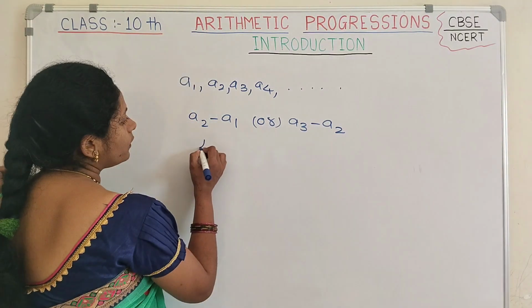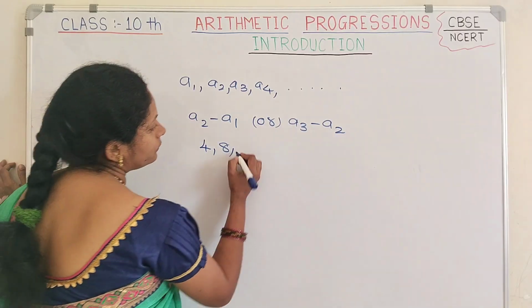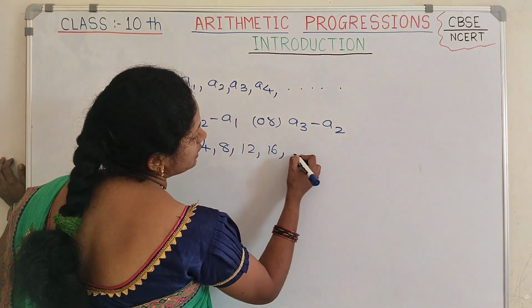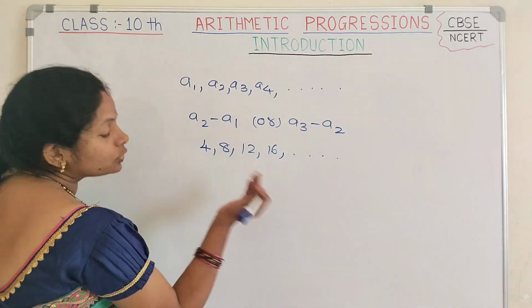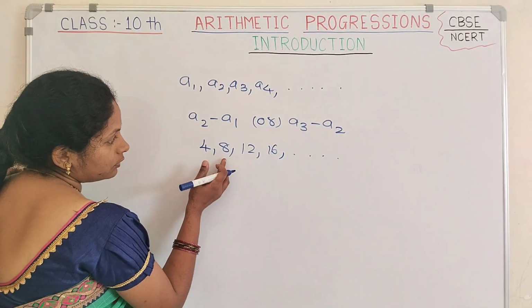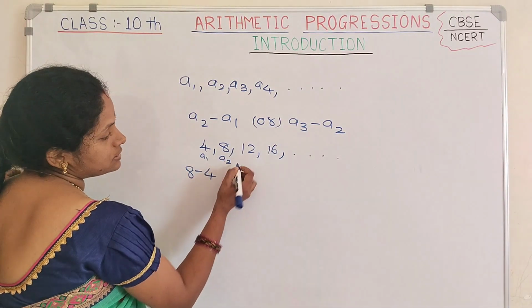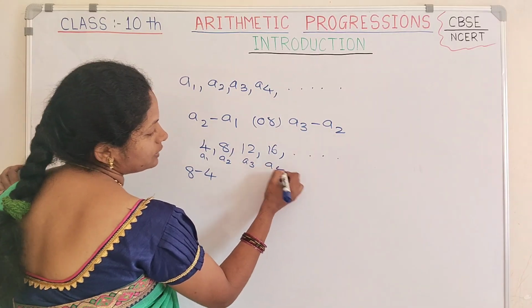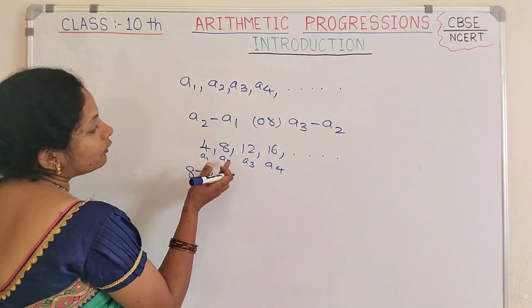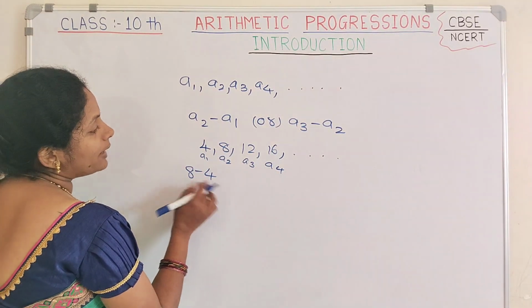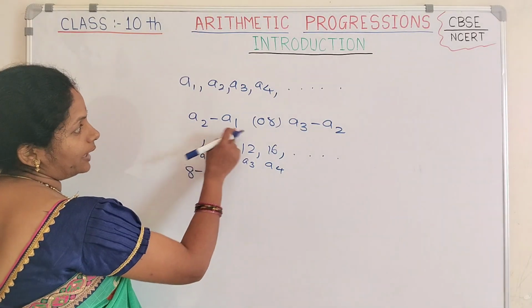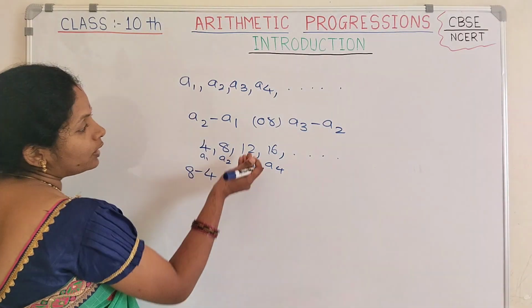For example, 4, 8, 12, 16 and so on. Here A1, A2, A3 and A4 are the terms. Then 8 minus 4, A2 minus A1, that is 4.